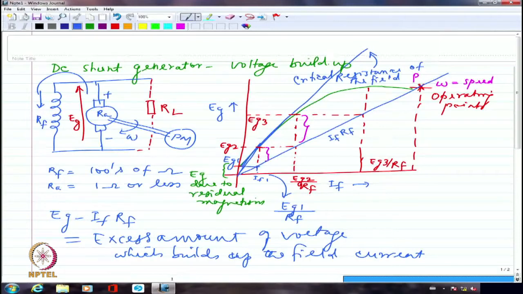It should not kill the residual magnetism. The current flowing in the field circuit because of the generated voltage should aid the residual magnetism so that the flux builds up further and further. If it is not aiding, it is rather opposing, the entire thing is suicidal, right? It is not going to work any further.